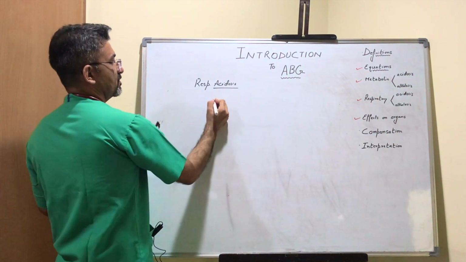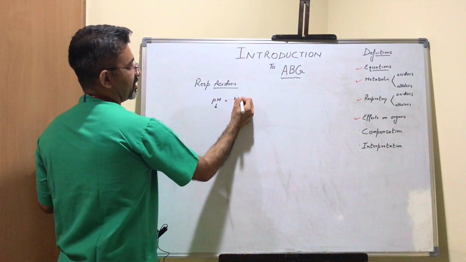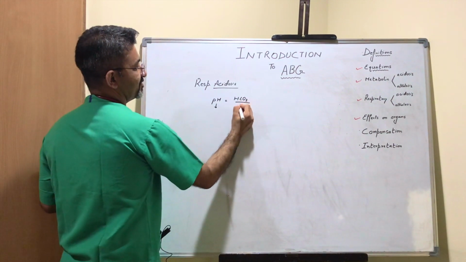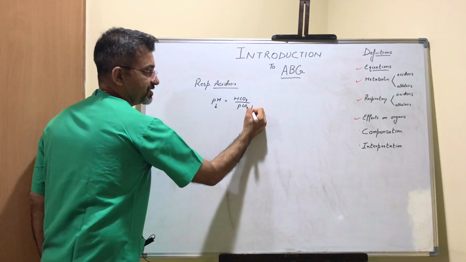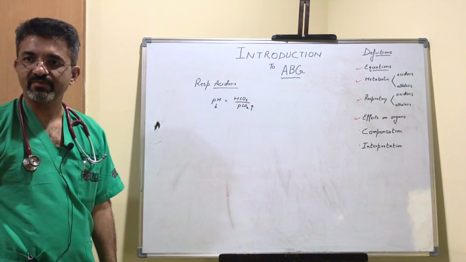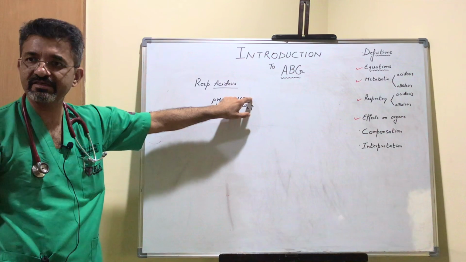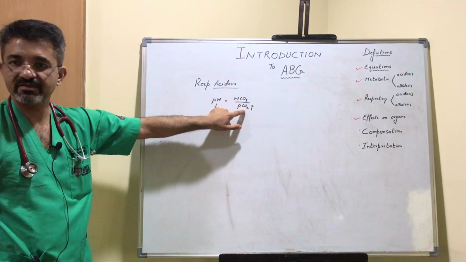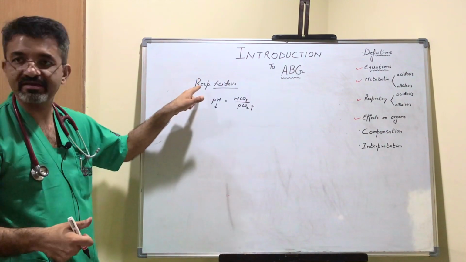So the pH is less, HCO3 divided by PCO2. That means my PCO2 has increased. If I think of HCO3 as constant, my PCO2 has increased, and that is the reason my pH decreases. They travel in opposite directions in respiratory problems.